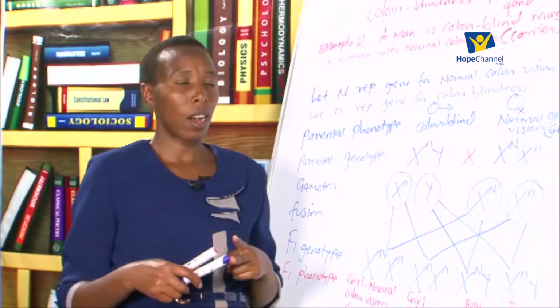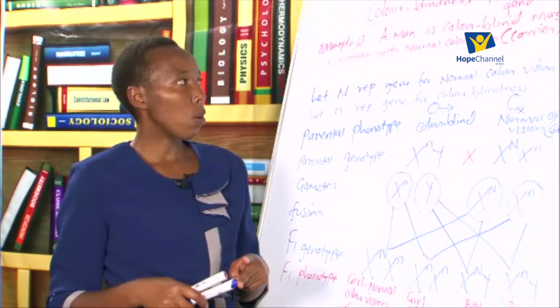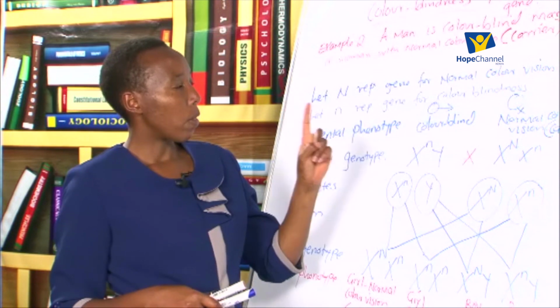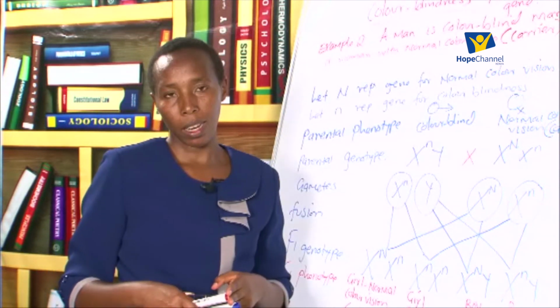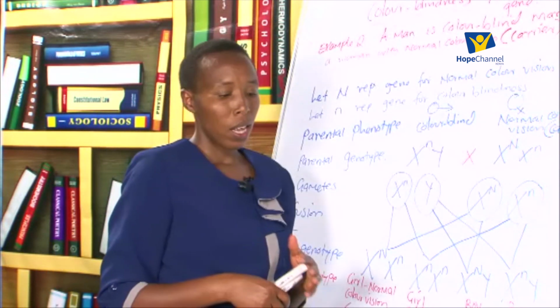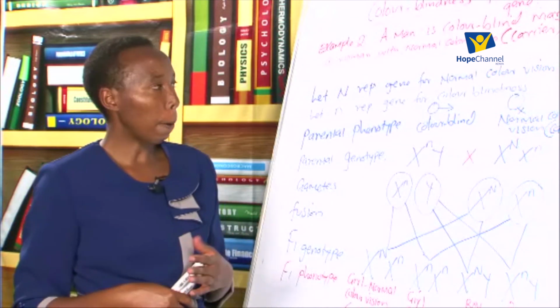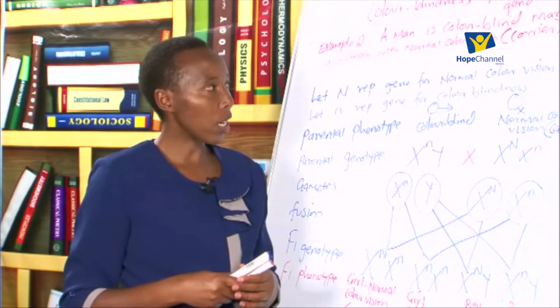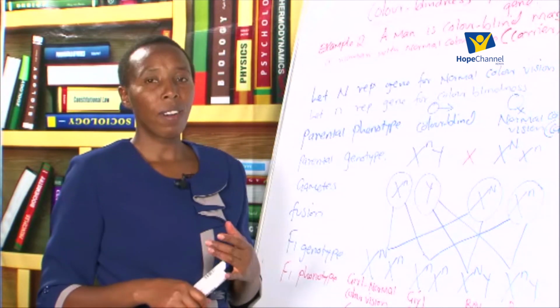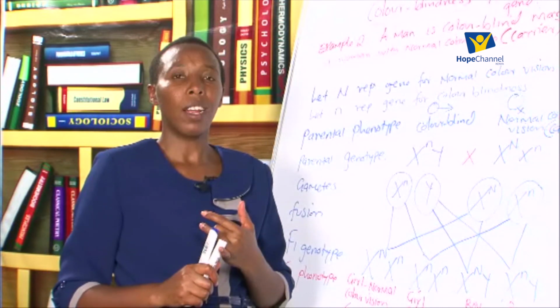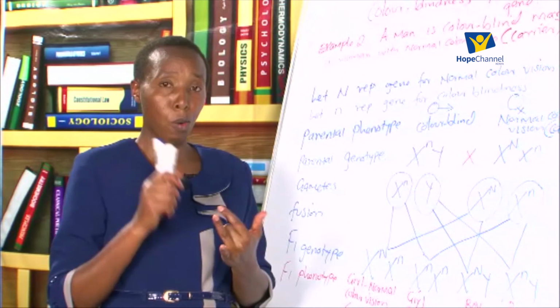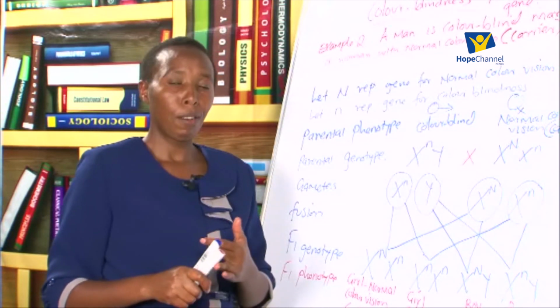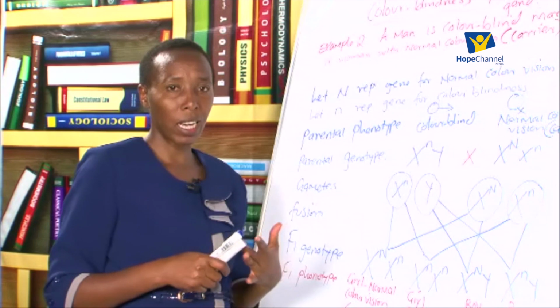We've done the hemophilic, and we have also done the color blindness. Now assume that you have a hemophilic man. I hope you are writing as a student. You have a hemophilic man who is marrying a woman who is a carrier for the condition of hemophilia.